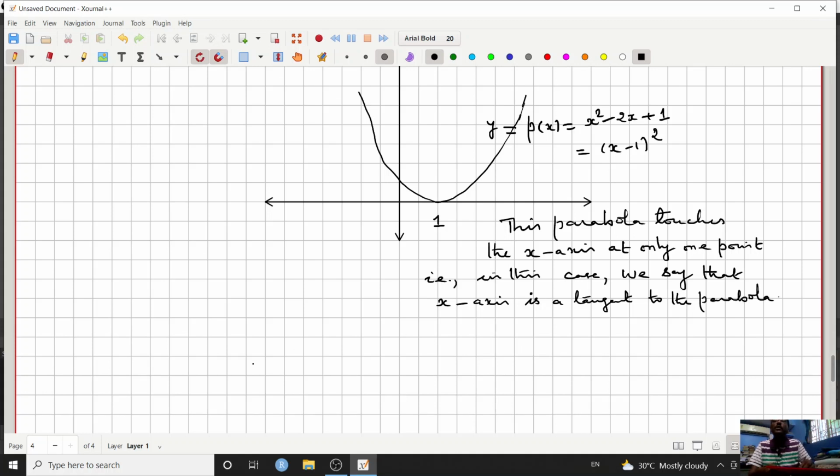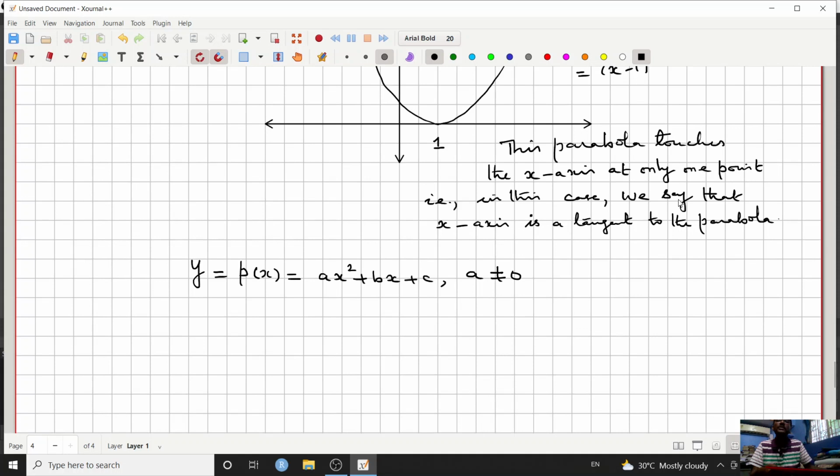So we have seen three different cases so far. If y is equal to p of x is the general equation of a parabola, or a general quadratic equation, there are three possibilities.